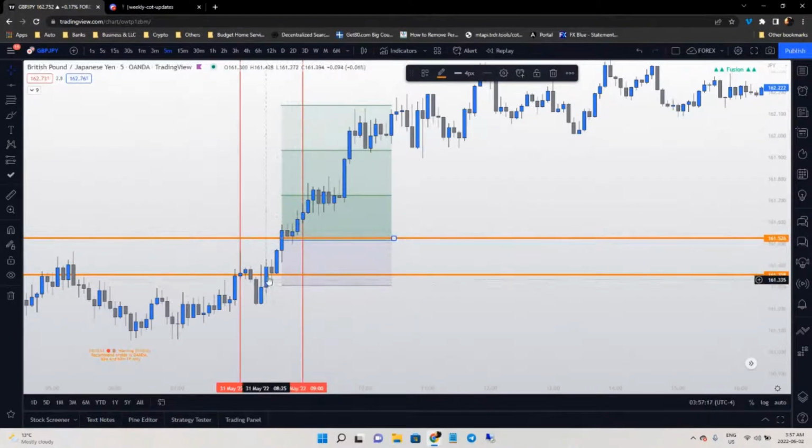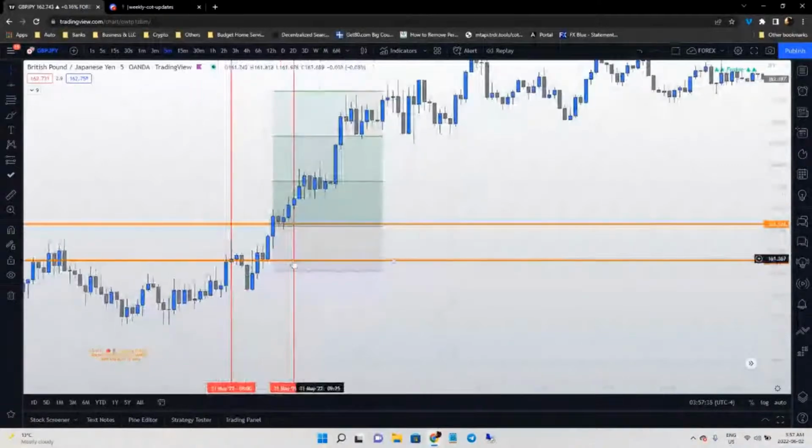Okay, so I always look at those type of small bearish candles, because since we're looking for buys, I'm looking for a candle that goes against the trend for a stop loss zone to plot.